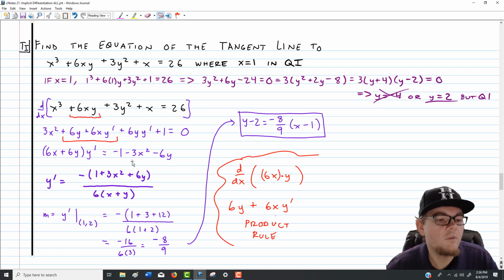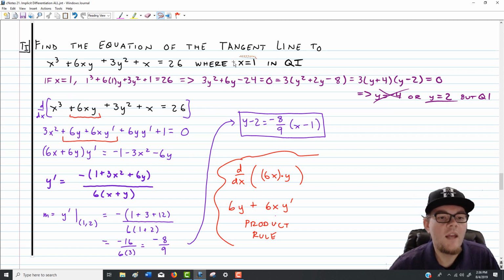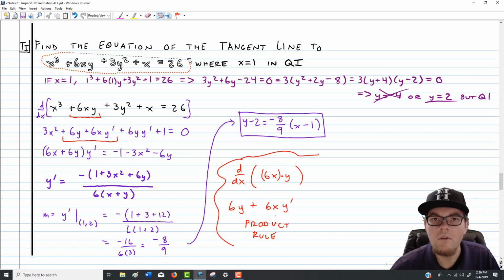Now what made this one difficult was once you got there, you only knew that x was equal to 1 and that your point was in quadrant 1. So we had to use that information to figure out what was true about y. What in the world is the y value? Because our derivative revolves around both x and y. So I took into account the fact that the equation that gives us our curve, which we differentiated earlier in the problem, is actually the relationship between x and y values.